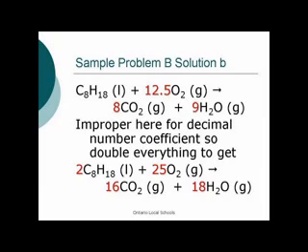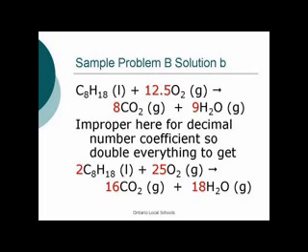And you run into a dilemma here. You have an odd number of oxygens on the product side and an even number on the reactant side. These will not balance without using a decimal number. So I put in originally here C8H18 plus 12.5 O2 yields 8 CO2 and 9 H2O.